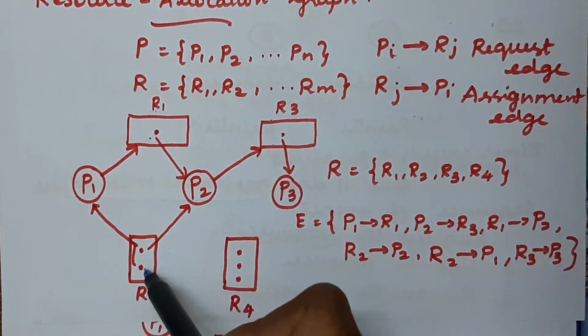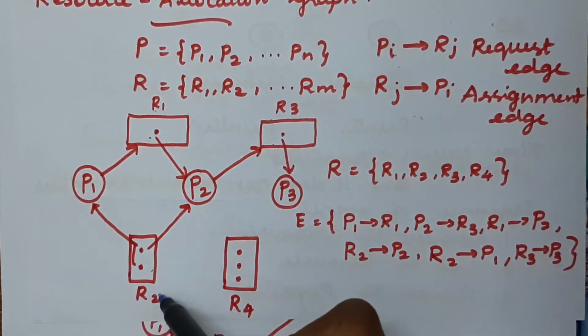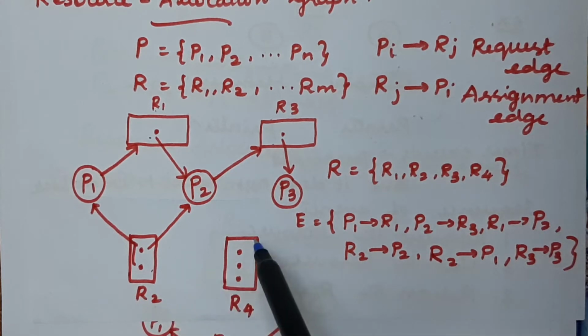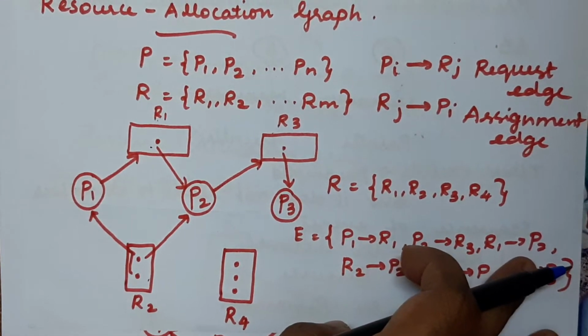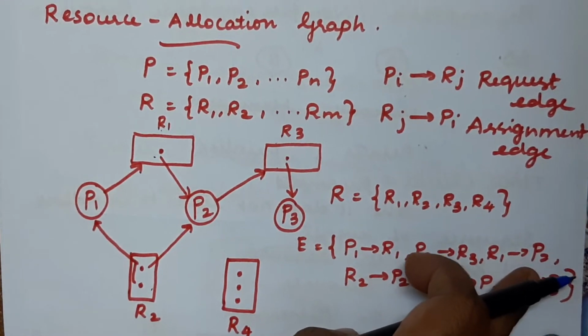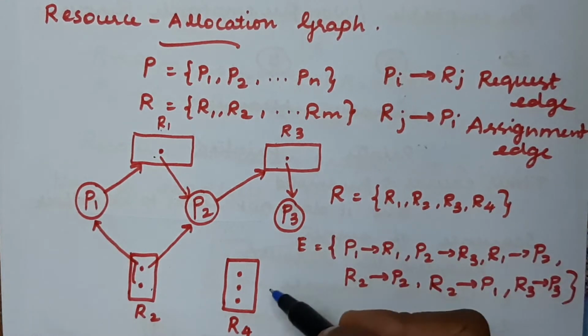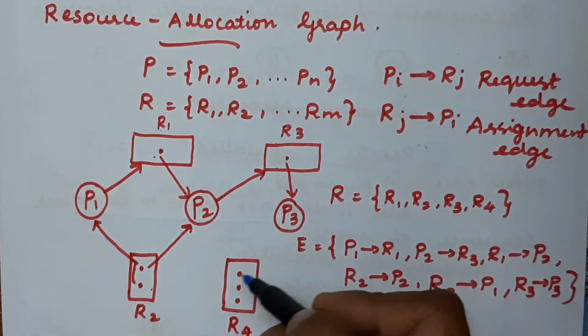We have two copies of resource type R2, and three copies of resource type R4. Like this, the number of copies or instances of the same type of resource is shown with the help of dots in the square.